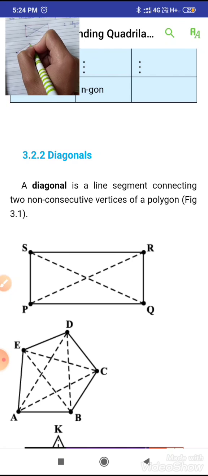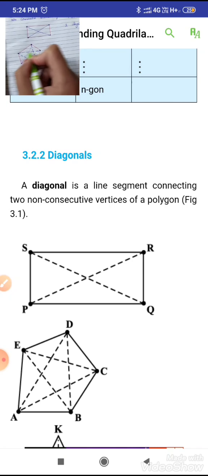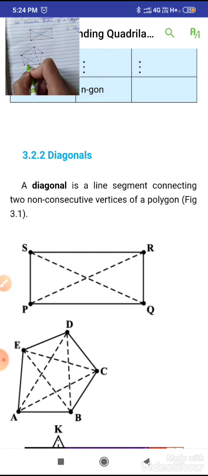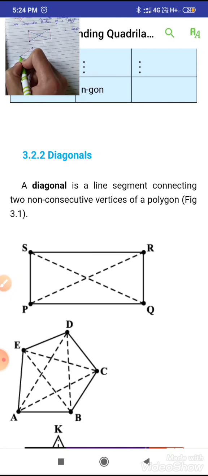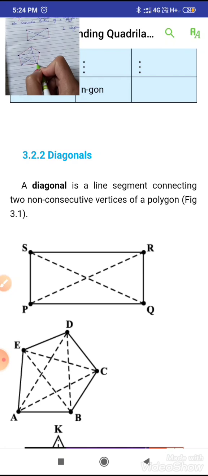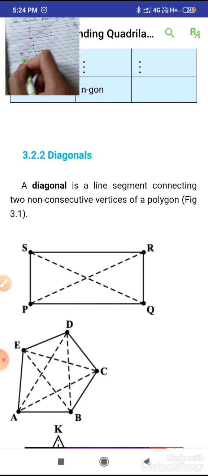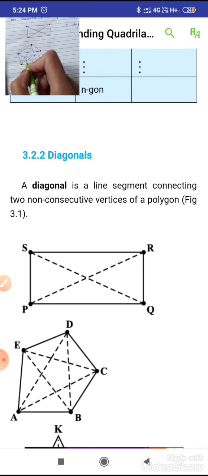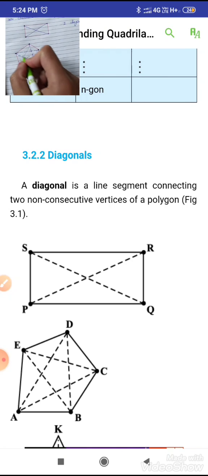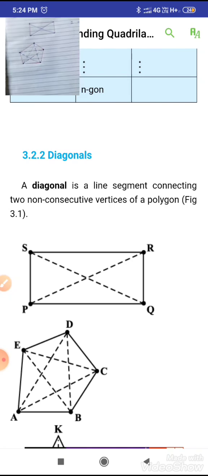Again, for this, these two vertices are consecutive and these two are non-consecutive, already connected. And here these two vertices are consecutive and these two are non-consecutive, already connected. Now count the number of diagonals here. So it is 1, 2, 3, 4, 5.